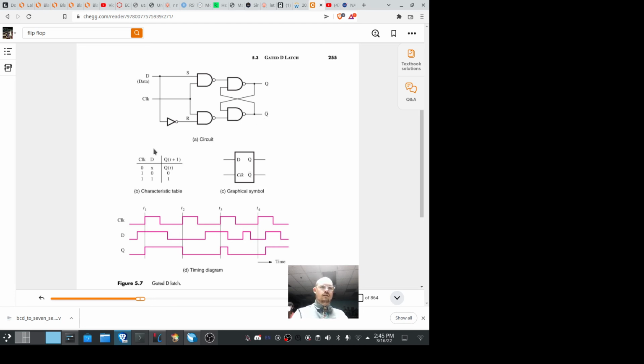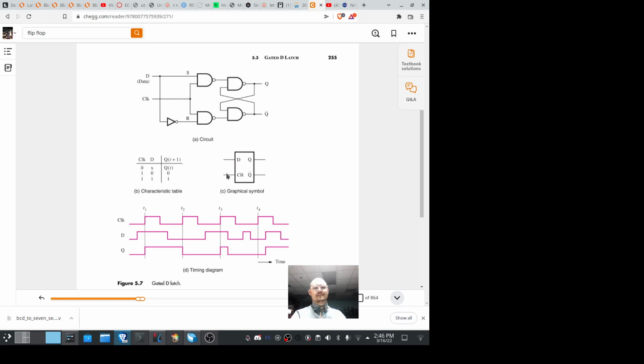But the idea is that when data comes inside D of this device, if the clock signal is high, then the data propagates out of Q. It's transparent.